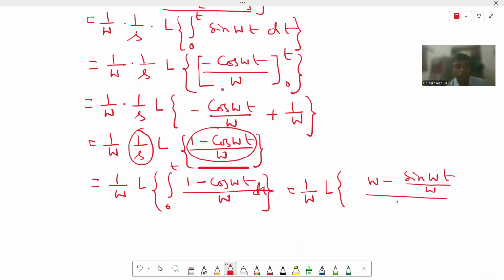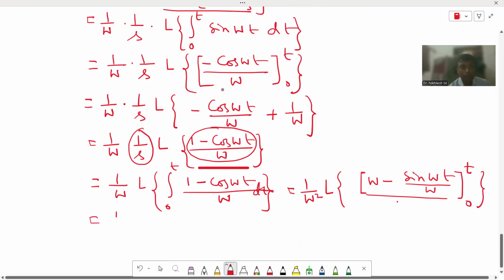We can take this omega outside, that is omega square. Now we are putting the range, lower range to upper range, that is 0 to t.